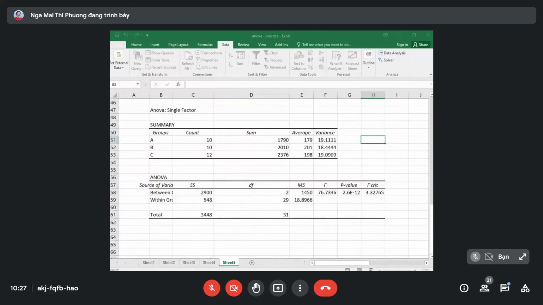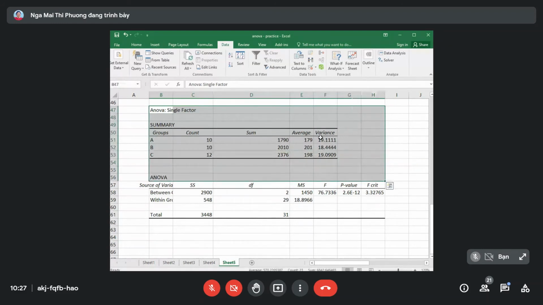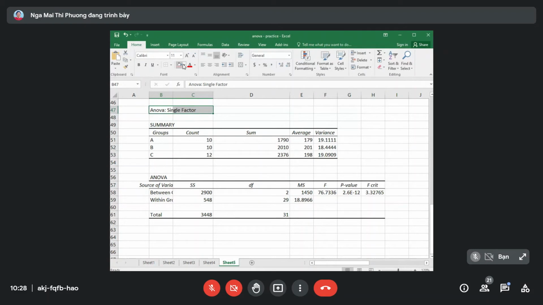So you have the final result here. You have the ANOVA tables. You can see group A, group B, group C, count is n, the number of observations, sum, average, and variance.